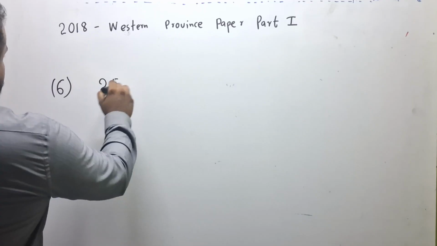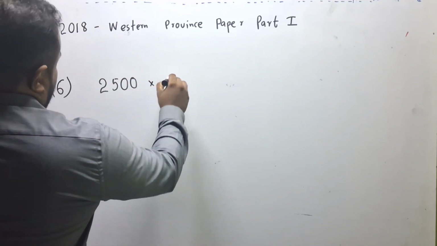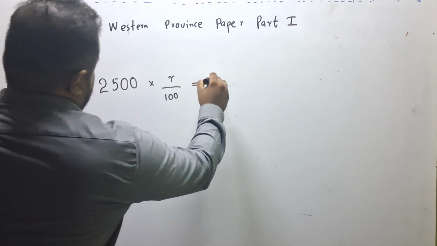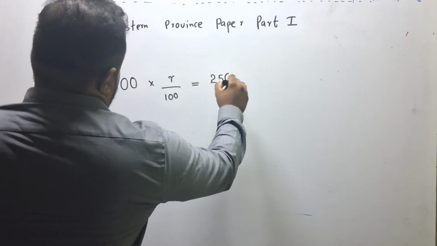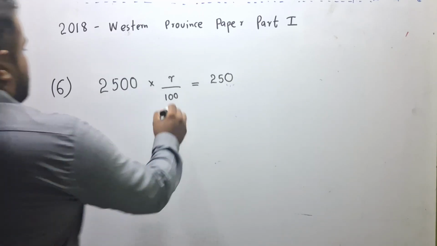Borrows 2,500 for a rate of R% and pays 250. Write this algebraic equation and solve it.